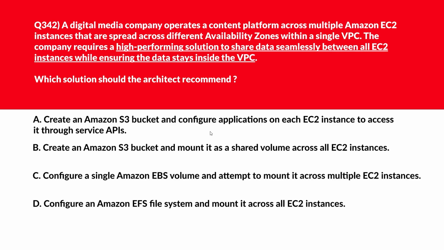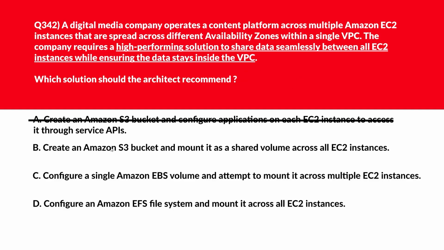Let's bring the heat to the snow. We require a high-performing solution to share data seamlessly between all EC2 instances, ensuring data stays inside the VPC. Option A, S3 provides object storage but lacks the performance and shared file system capability required for EC2 instances.